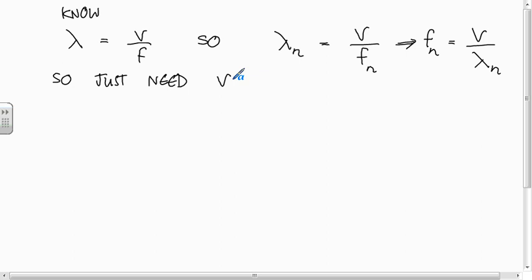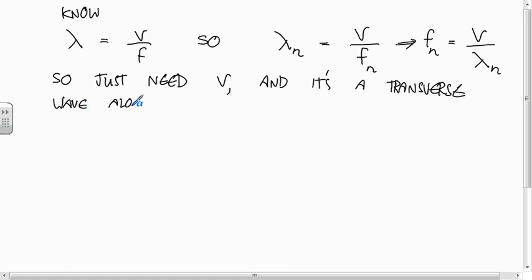Last time I gave a bunch of formulas for wave speed, and this is a transverse wave along a cable.